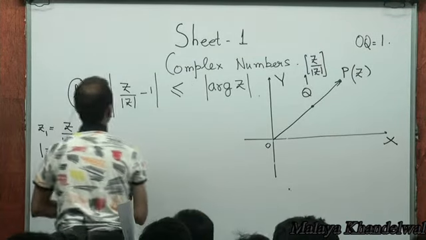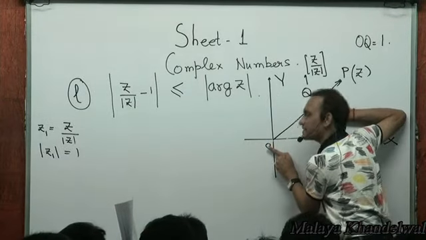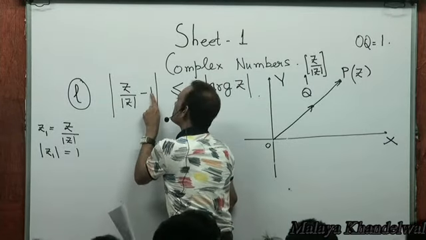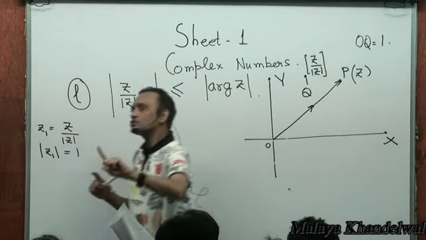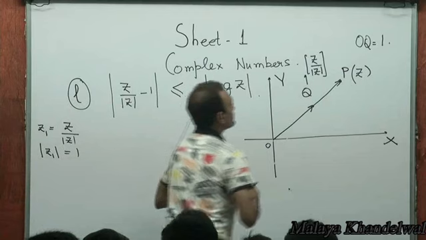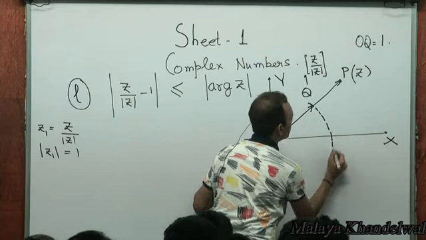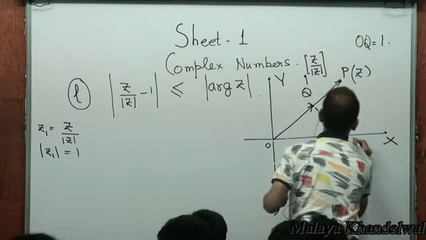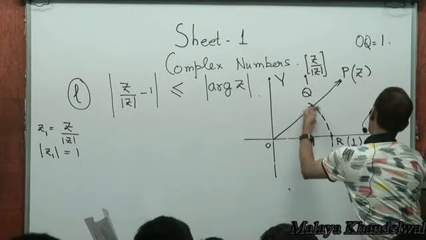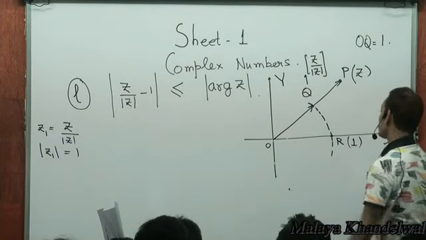Now, Z by mod Z is the vector OQ. Z by mod Z minus 1. 1 is a complex number lying on the real axis, x-axis, right? So draw an arc from Q, 1 unit. Then this point would be R, the complex number 1. Yes or no? Q and R lie on the same circle centered at O, 1 unit away from O, right?